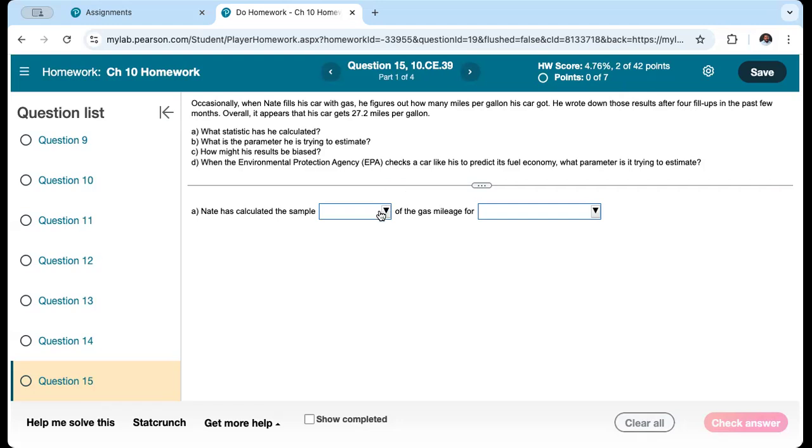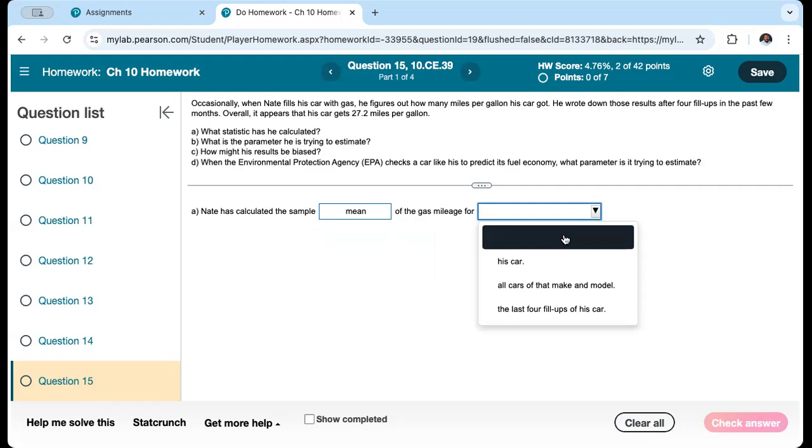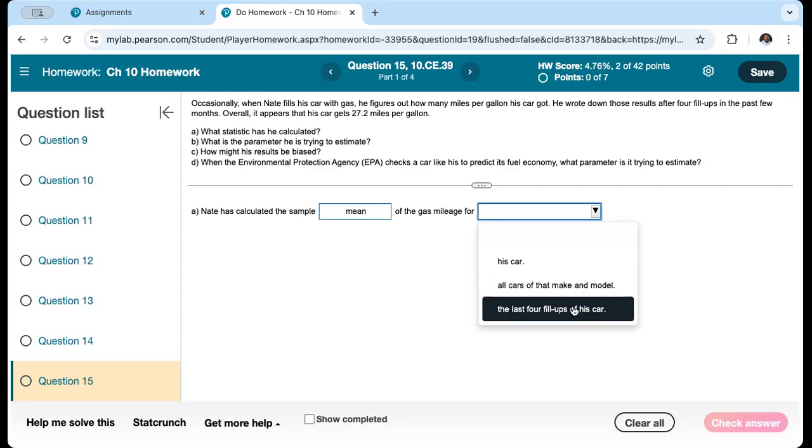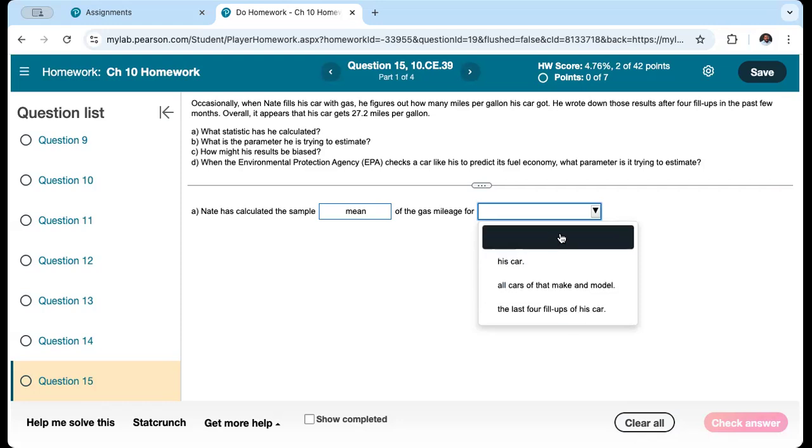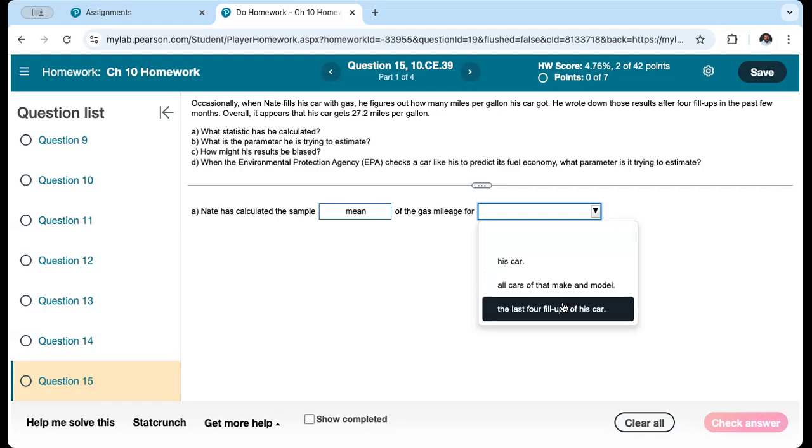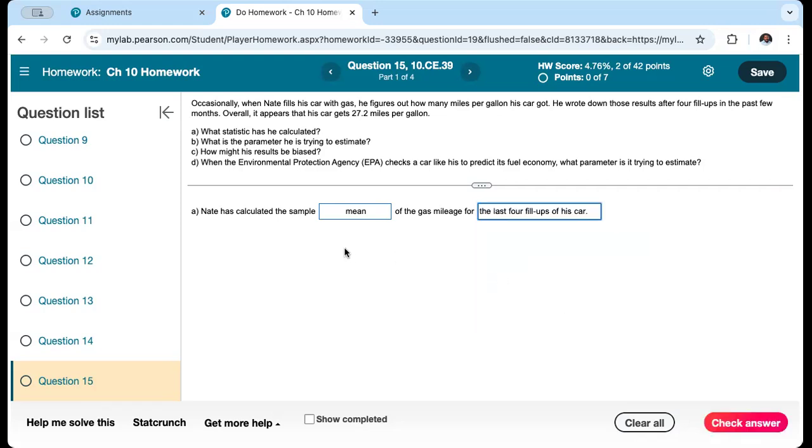So he calculated the sample mean of the gas mileage for. When you look at the answers: his car, all cars of that make and model, or the last 4 fill-ups of his car. So what do you think is the right one? Is it his car or the last 4 fill-ups? The last 4 fill-ups, because that is the data he used in getting the mean, isn't it?